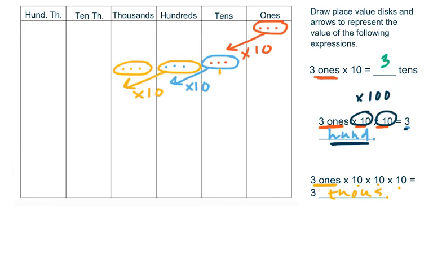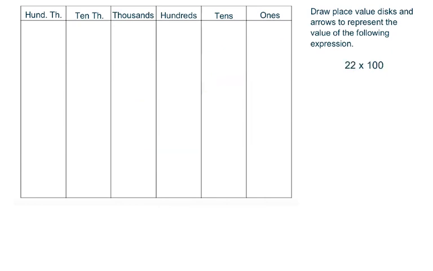Now, if we look down at this third problem, 10 times 10 is 100. Times another 10, well, if I move 100 and I multiply it by 10 and I send it over, I'm going to end up with 1,000. So it would be like saying 3 times 1,000, which I know would be 3 thousands.